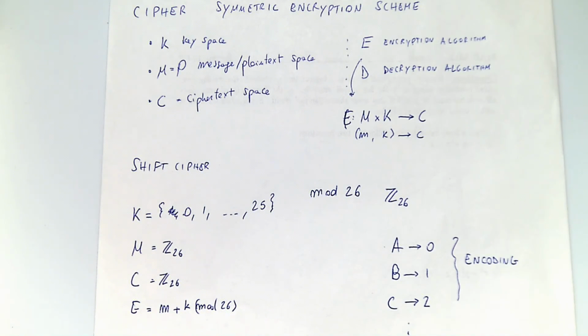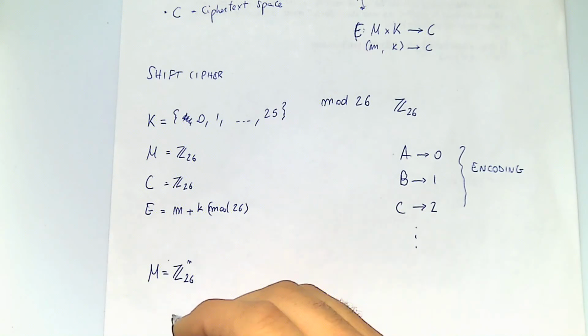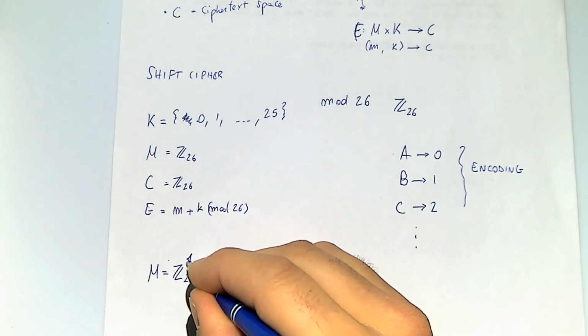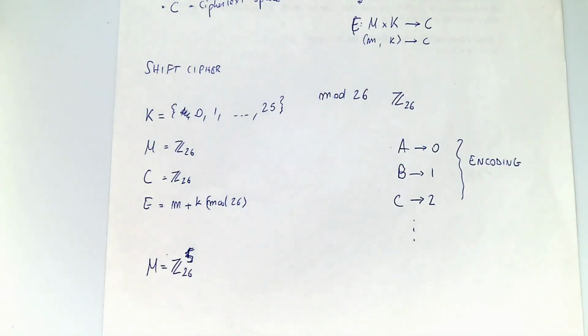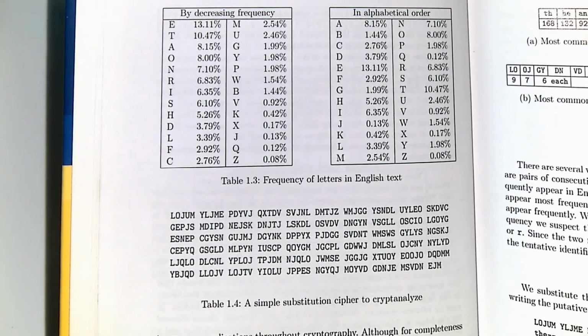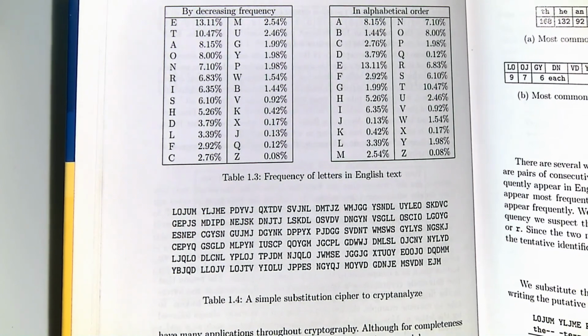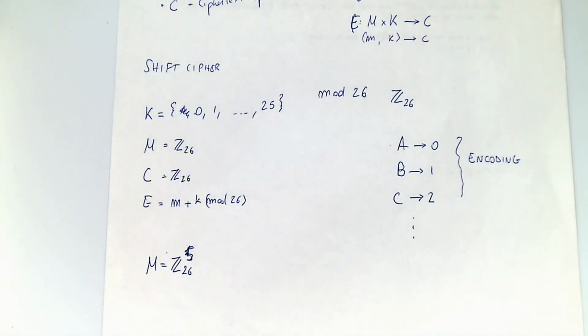So formally, if I do this, for example, to the power of 5, which I think is what the book was doing. If you remember the ciphertext that we had before, you see it is split in blocks of 5. Normally, this is just for ease of readability, but you can define it in the same way.